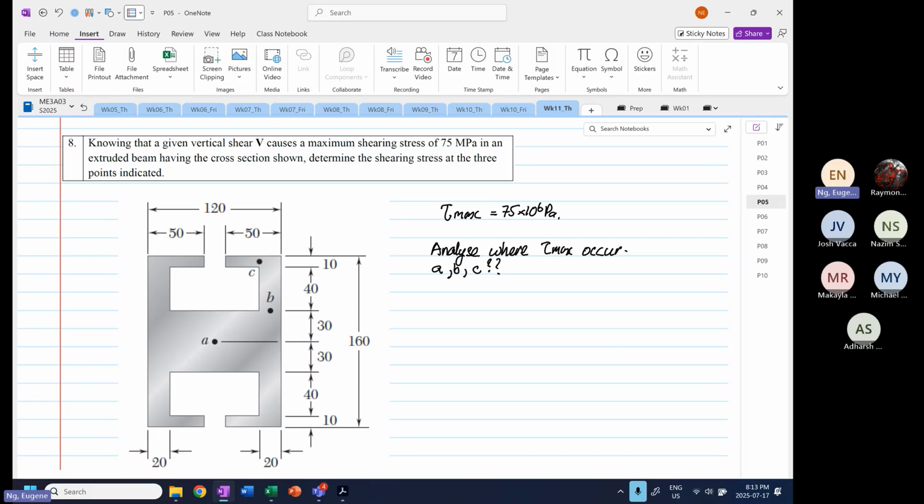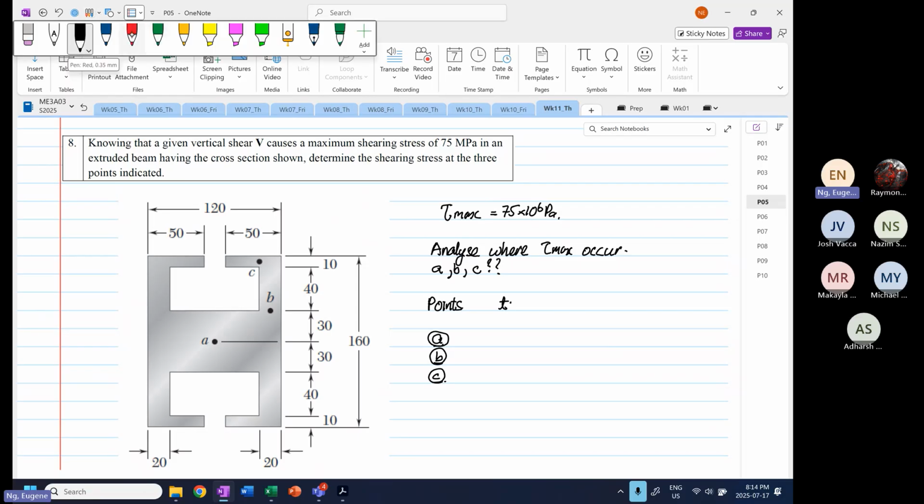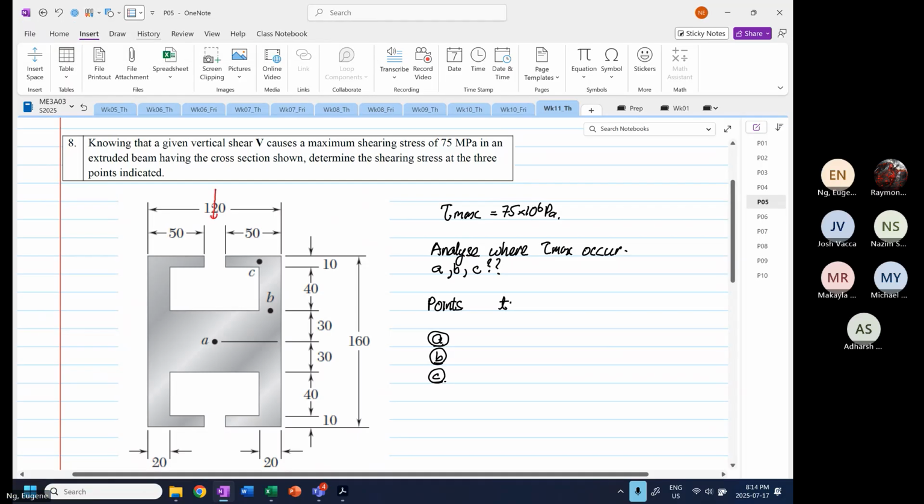So if we were to analyze, we are going to look at points A, B, C. Before we look at tau, we are going to have this as our Vy. And this structure, part of it is thin wall and part of it is non-thin wall.